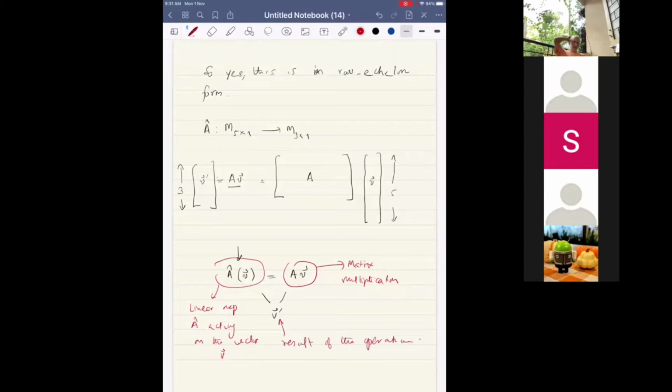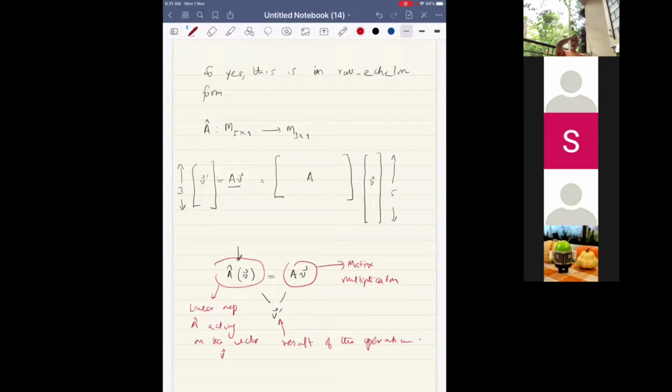So you can think of this in concrete terms as the matrix multiplication of the 3 cross 5 matrix with the 5 cross 1 matrix V to produce the 3 cross 1 matrix V prime.